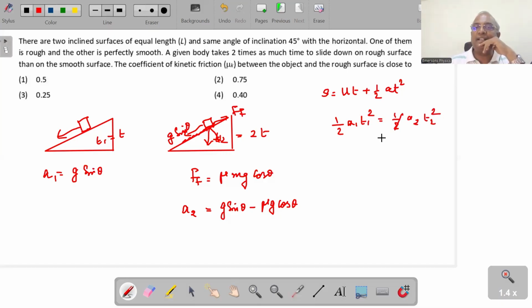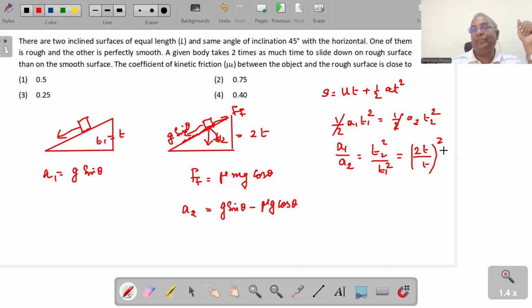The half cancels. Taking a1 by a2 outside, we get t2 squared divided by t1 squared. What is t2 by t? t2 is 2t, so 2t by t the whole square is 4.